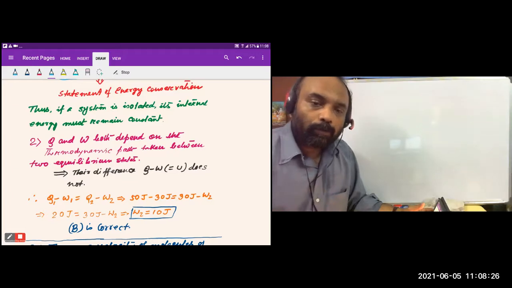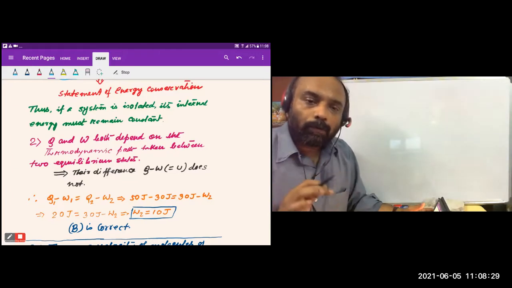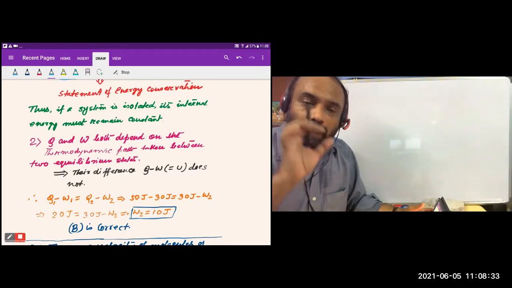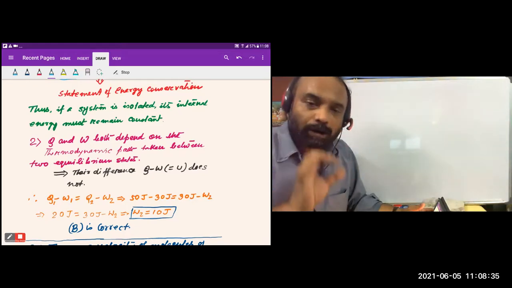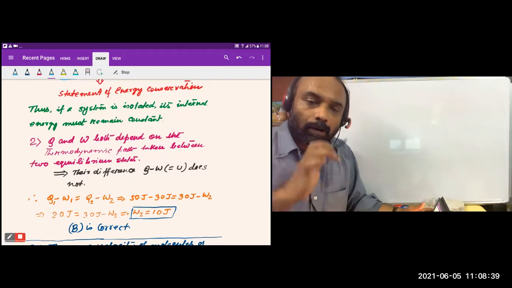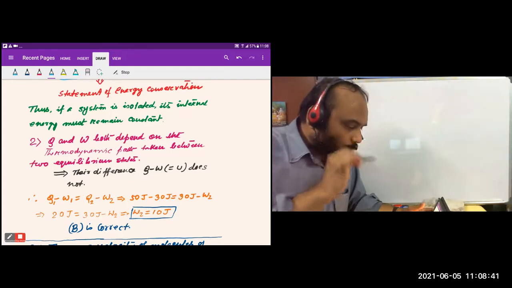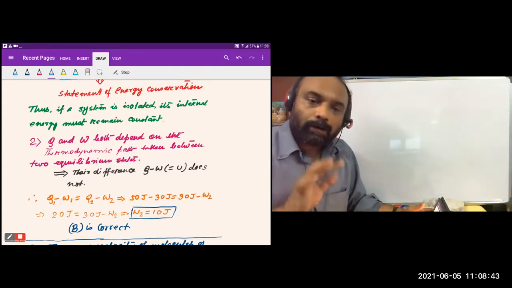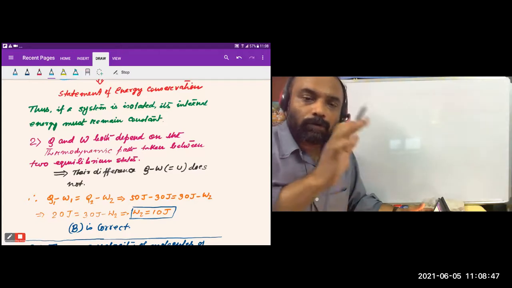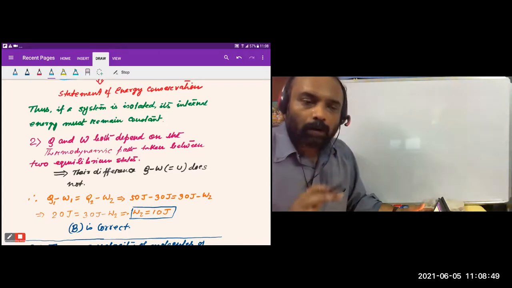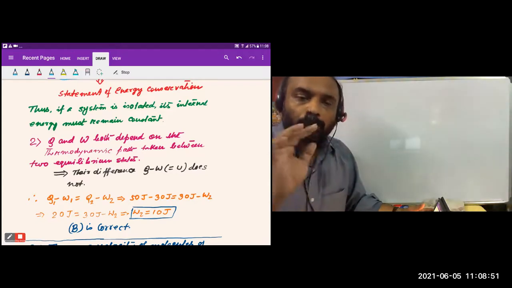Along path 2, Q and W are also different. But since the internal energy is conserved, our U is always the same, whether the system goes through path 1 or path 2.